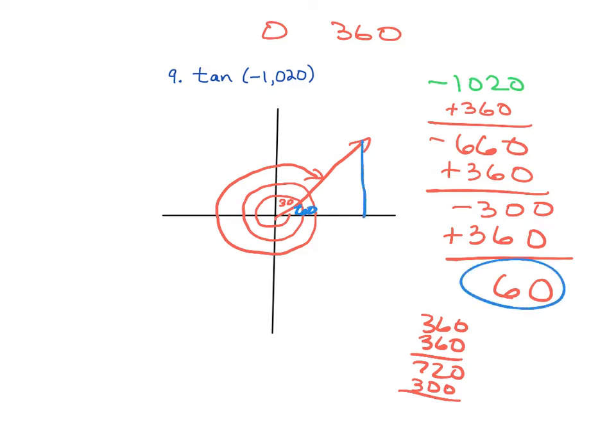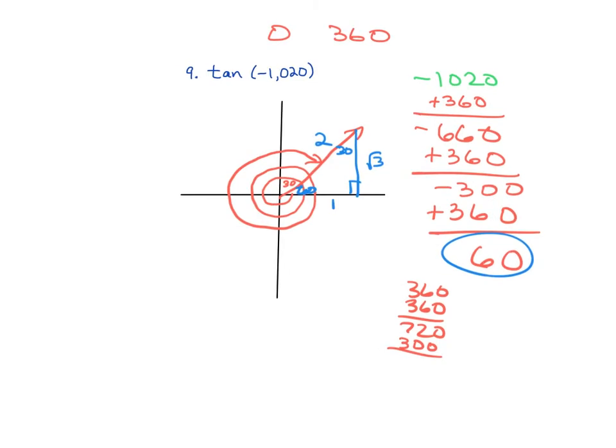Make your triangle. Again, across or opposite the 60 is the square root of 3. Opposite the 30 is the 1, and then the hypotenuse is here. I'm in quadrant 1, so my signs are positive, positive. Tangent is going to use opposite and adjacent.